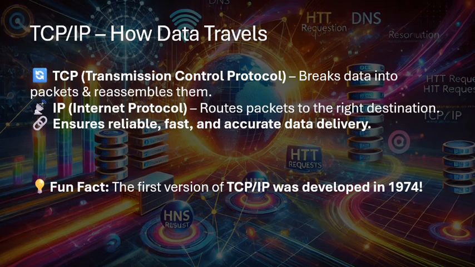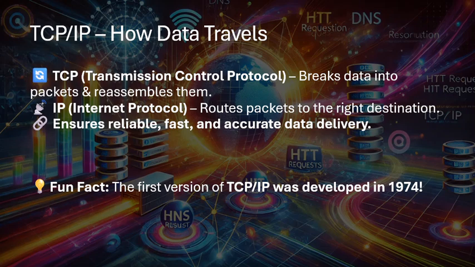Then TCP breaks down the 1 MB data file into 512 equal size packets and then sends them to the destination. Then we have IP, Internet Protocol, which TCP uses to route packets to the right destination. The Internet Protocol ensures reliable, fast and accurate data delivery.